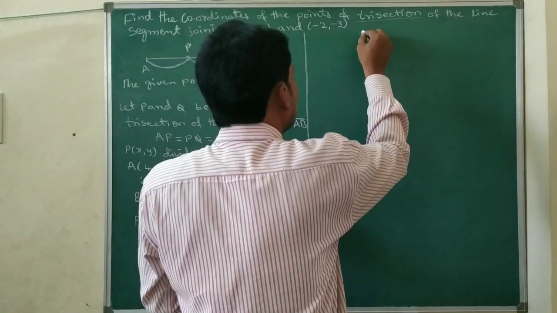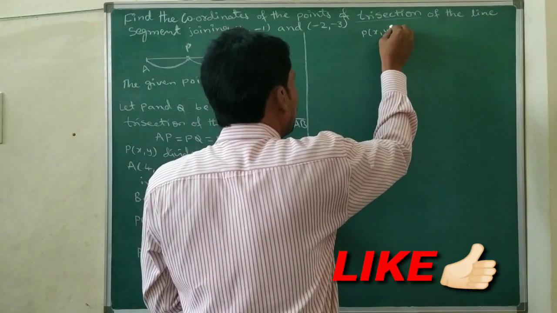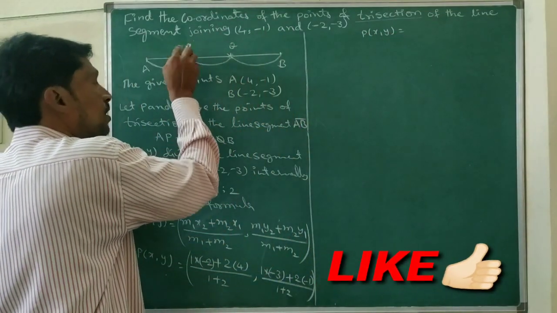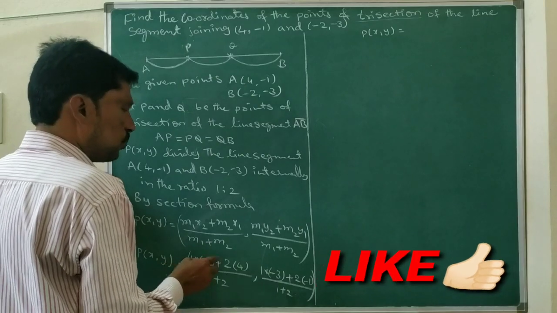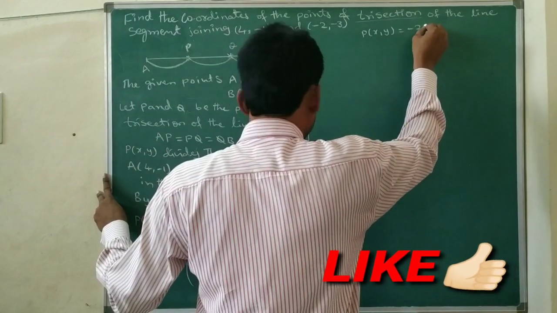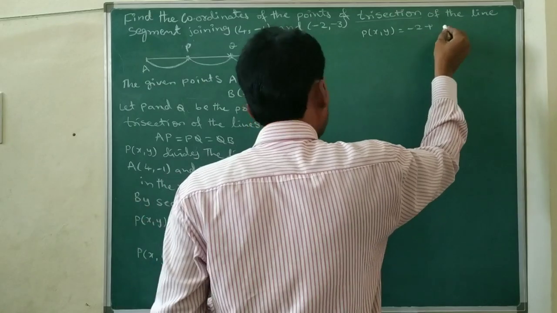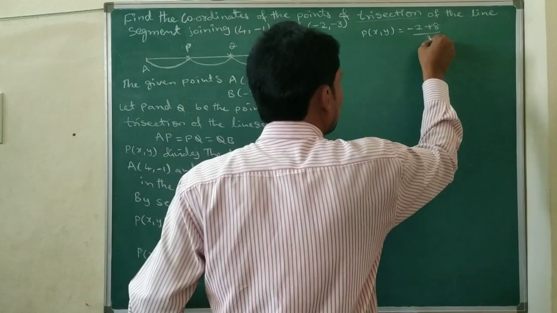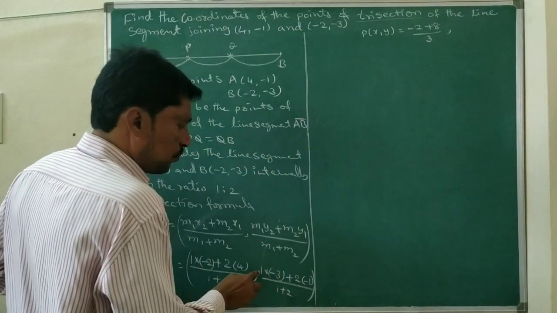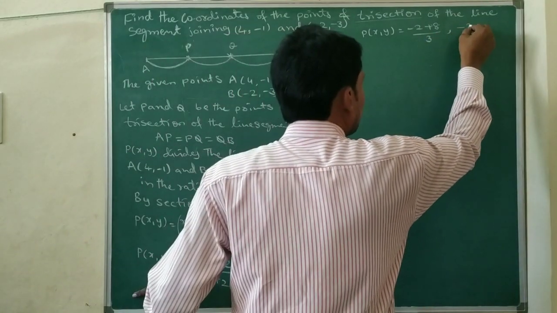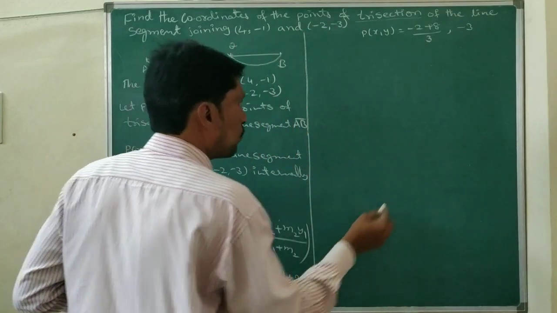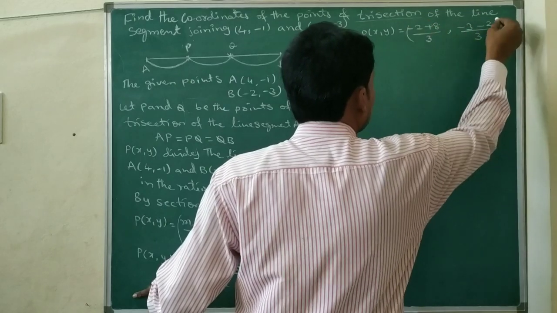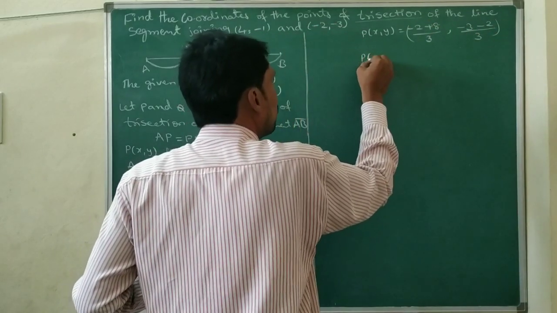So 1 into -2 plus 4 twos are 8 by 1 plus 2 is 3, comma, 1 into -3 plus 2 into -1, that is -2, by 3.